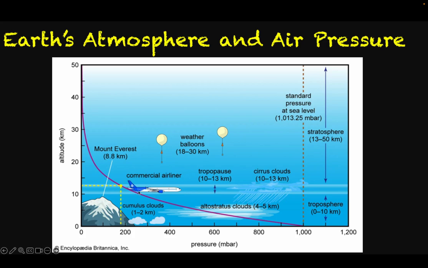If you look at this commercial airliner flying near the tropopause at about 30,000 feet or so, the air pressure is roughly 1/5 or less of what it was at sea level. That total air pressure is something we're going to need to consider in a moment when we think about how much oxygen is available to breathe at sea level versus way up here at cruising altitude.